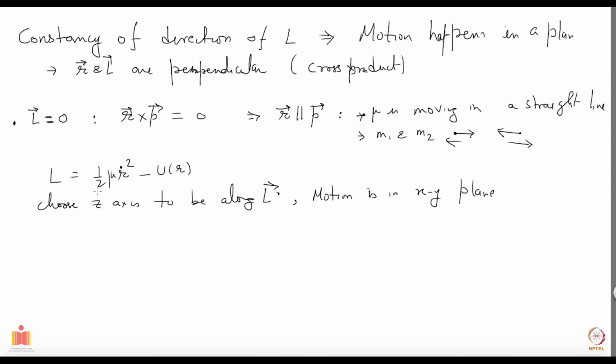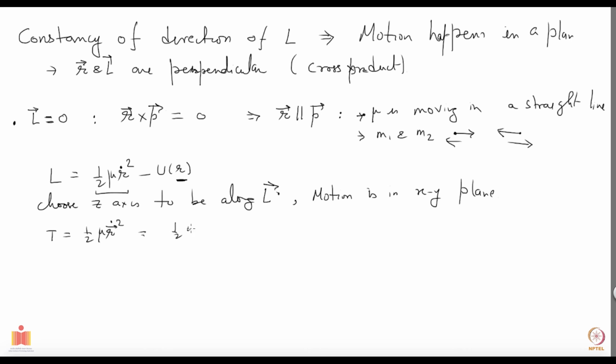Now I can write down this kinetic term, half mu r dot square, in the xy plane using polar coordinates, because that will be useful. You have radial symmetry here, so instead of using Cartesian coordinates x and y, it makes sense to use polar coordinates.